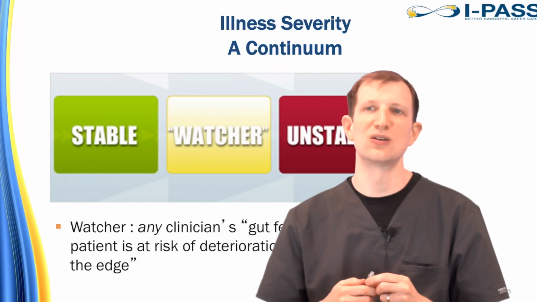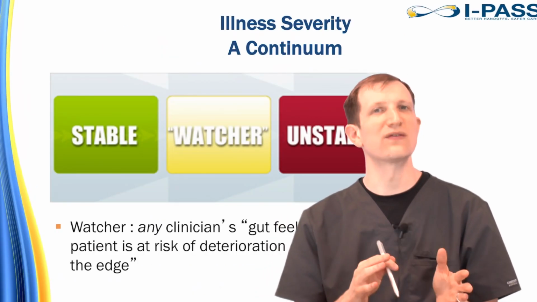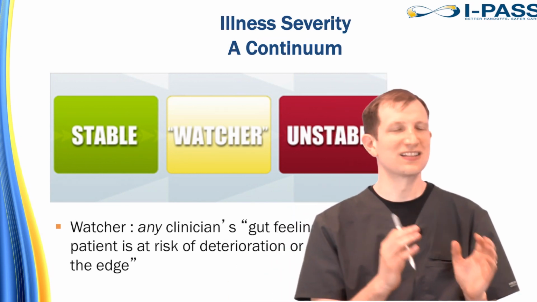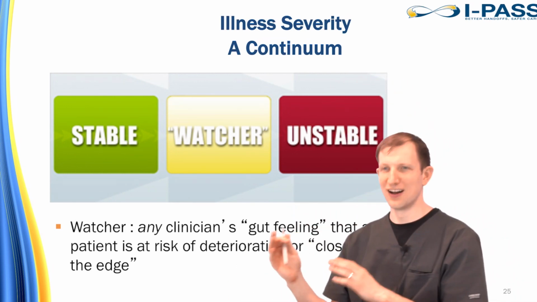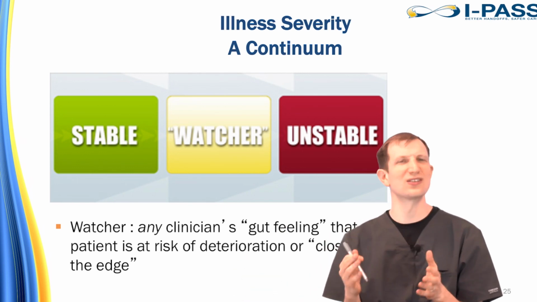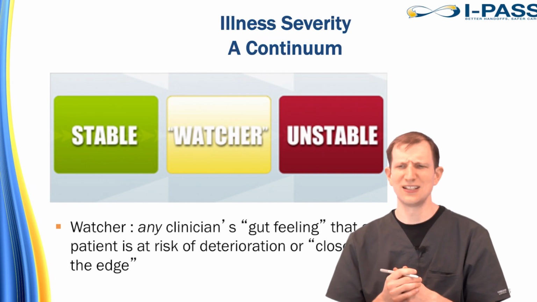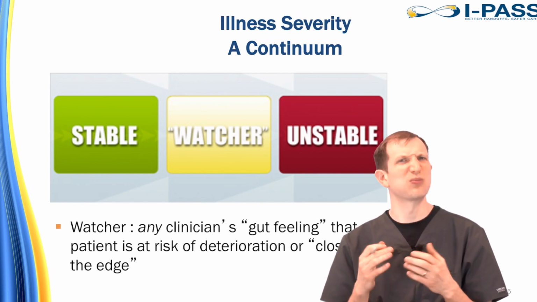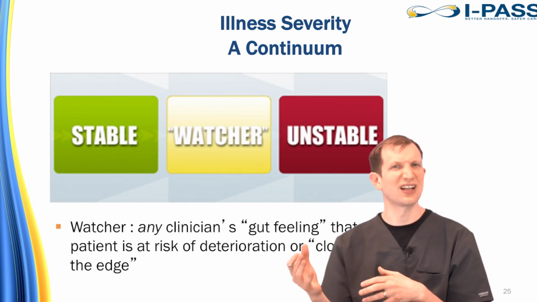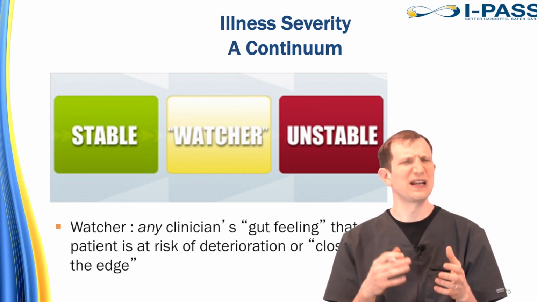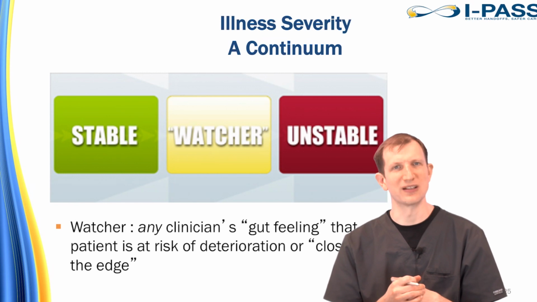So the first is illness severity. You're going to put your patient into one of 3 categories: stable, watcher, or unstable. Stable's pretty straightforward. Unstable's pretty straightforward. What's a watcher? A watcher is anyone where you're leaving thinking, I wouldn't be surprised if tonight this patient got a little sicker, or had a complication, or called the cross-cover team for something.